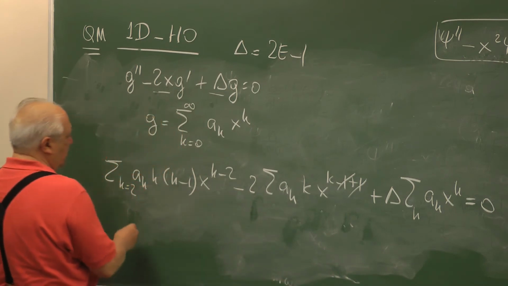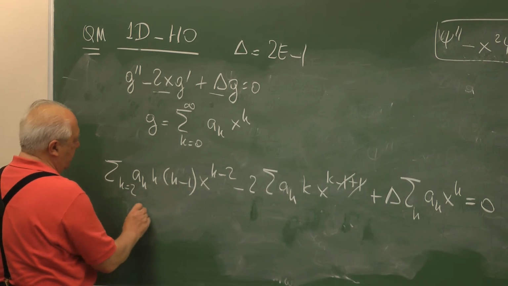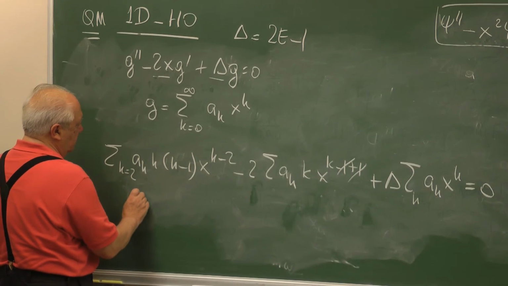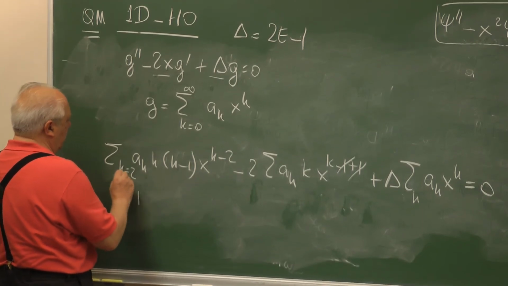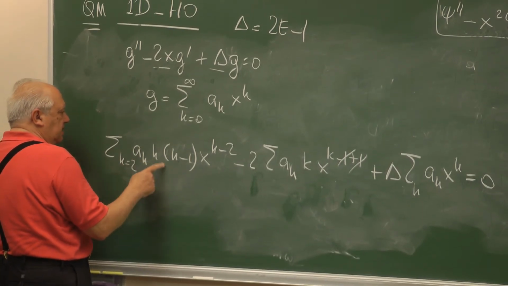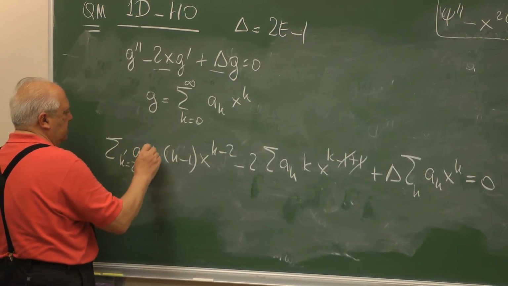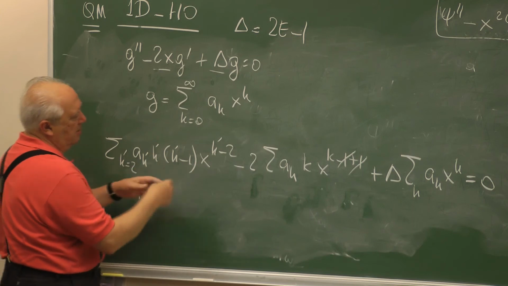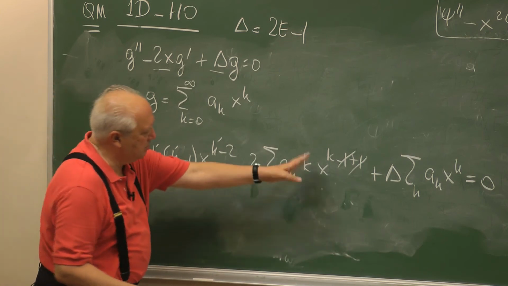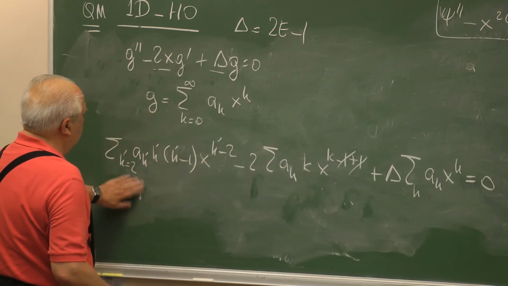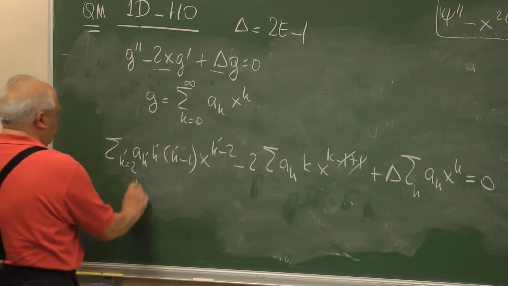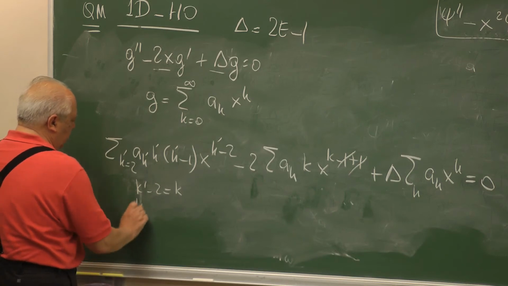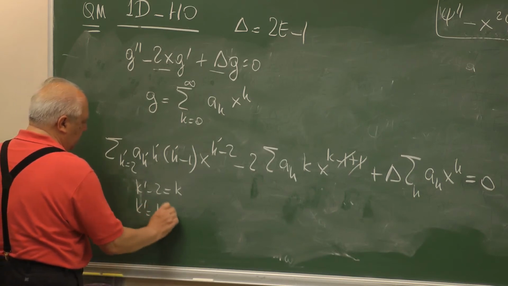So we can compare the coefficients of the same powers of x. Since this is a dummy index, let me change it to k prime, because I will define a new index and call it k to compare with this. So k prime minus 2 is k, so k prime is equal to k plus 2.